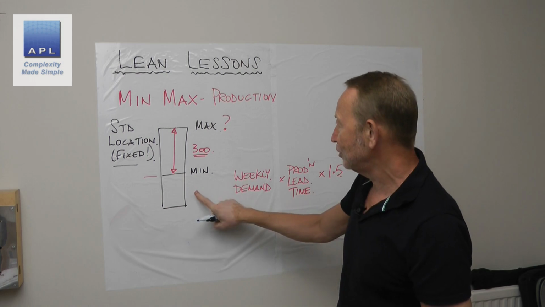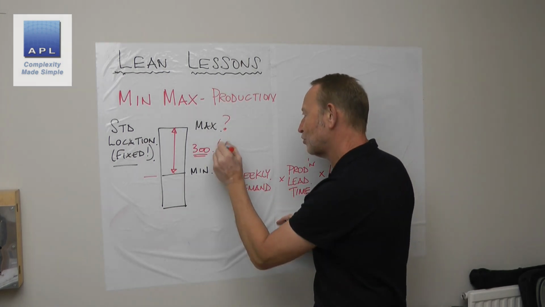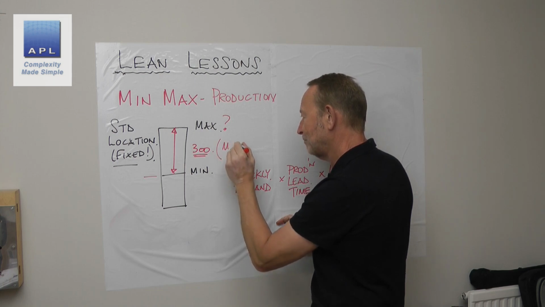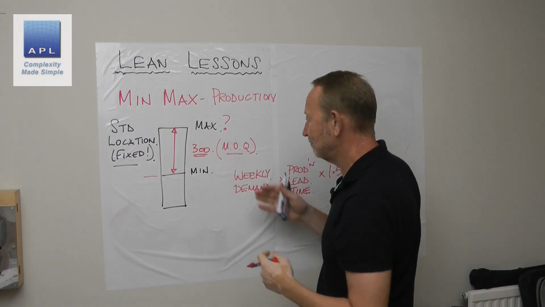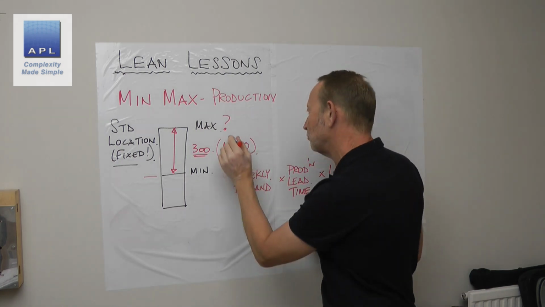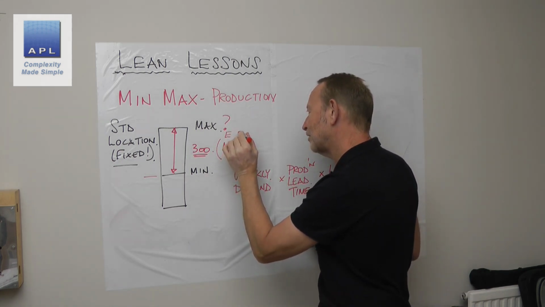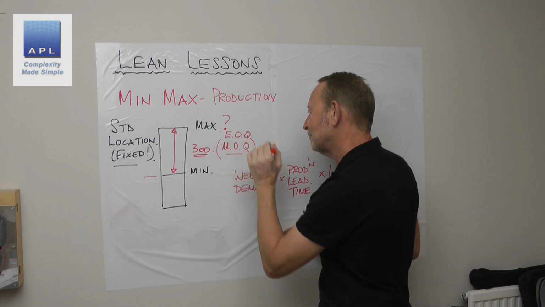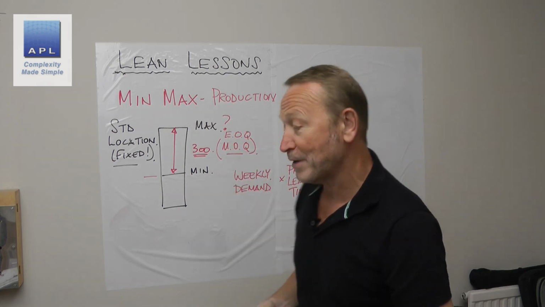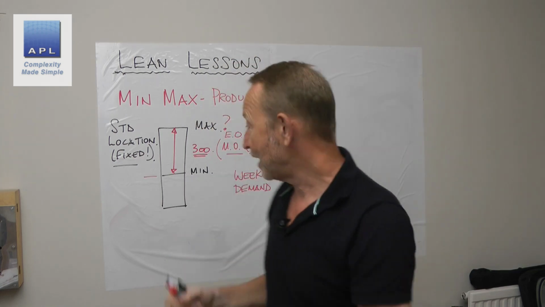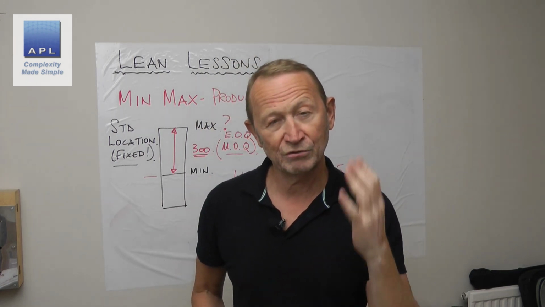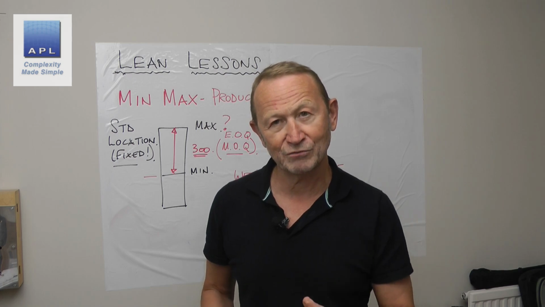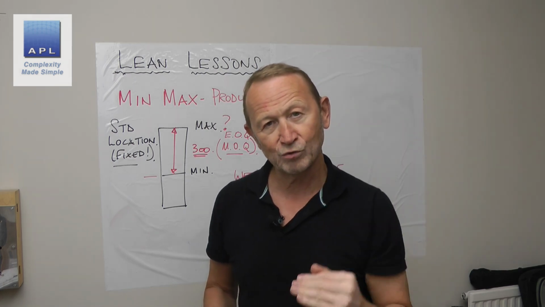So we've decided on the minimum, we've decided on the batch size, and this could be a minimum order quantity right here, an economic order quantity might be a better phrase there. There's the maximum, there's the minimum. What do you do? You stick to it. It's standard work. It's the way you always work.